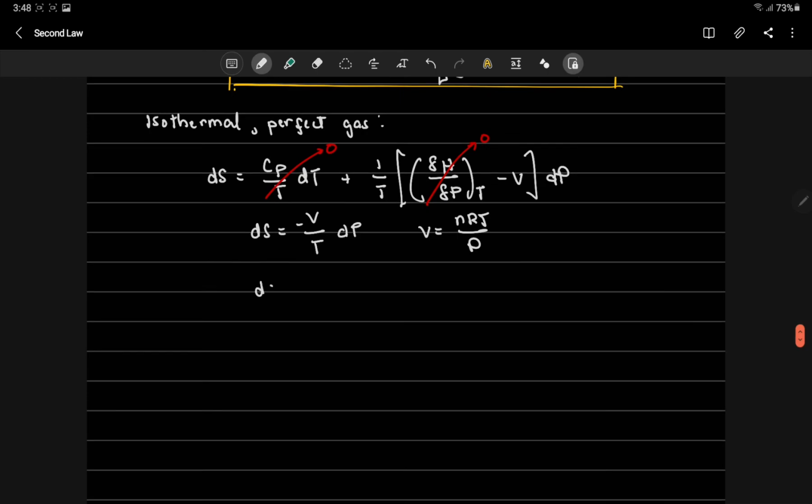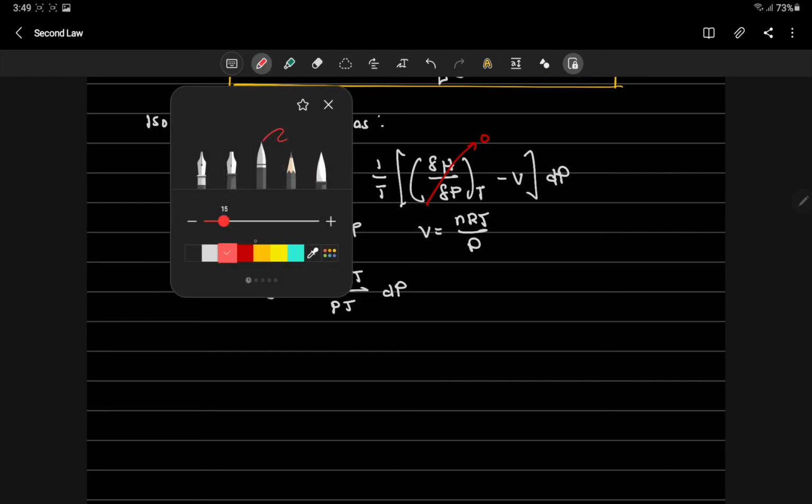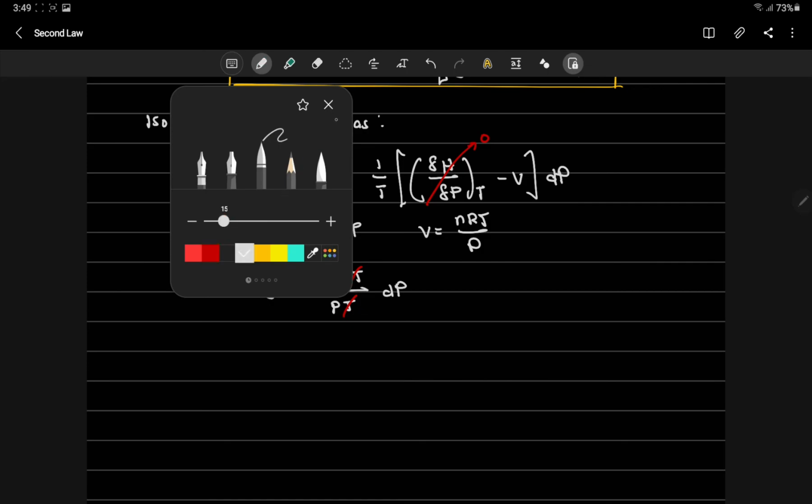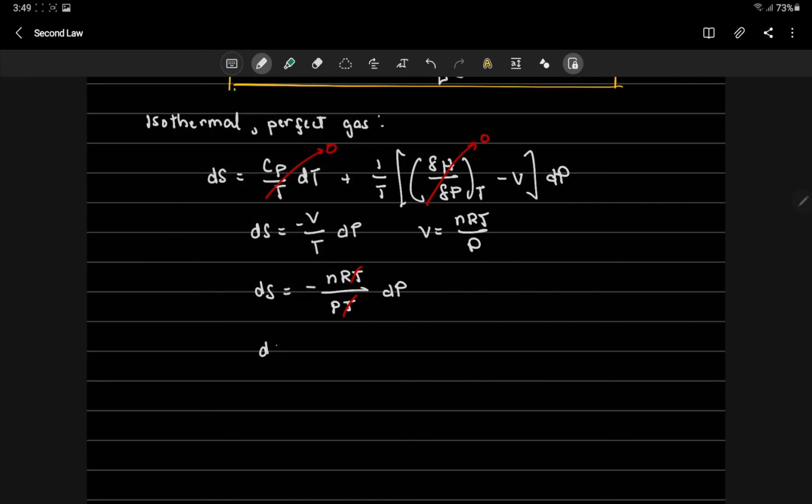So, dS, or change in entropy, equals negative nRT, okay, over P times T, dP. Cancel ko lang saglit yung temperature, okay, para ang maiwan ay change in entropy is equal to minus nR over P dP.